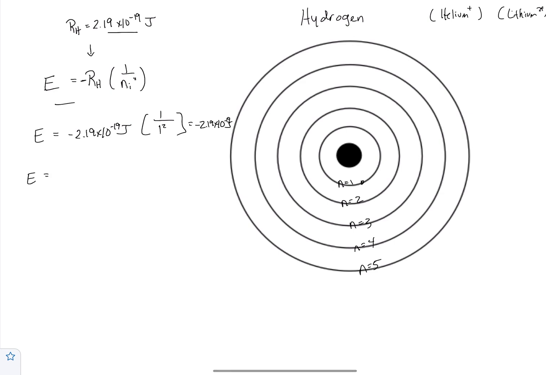So I'm going to let you think this through. How would I change this equation if it was on the second energy level? I would just be changing this bottom number here. The constant doesn't change, 2.19 times 10 to the minus 19 joules. And now, instead of 1 over 1 squared, it's 1 over 2 squared.